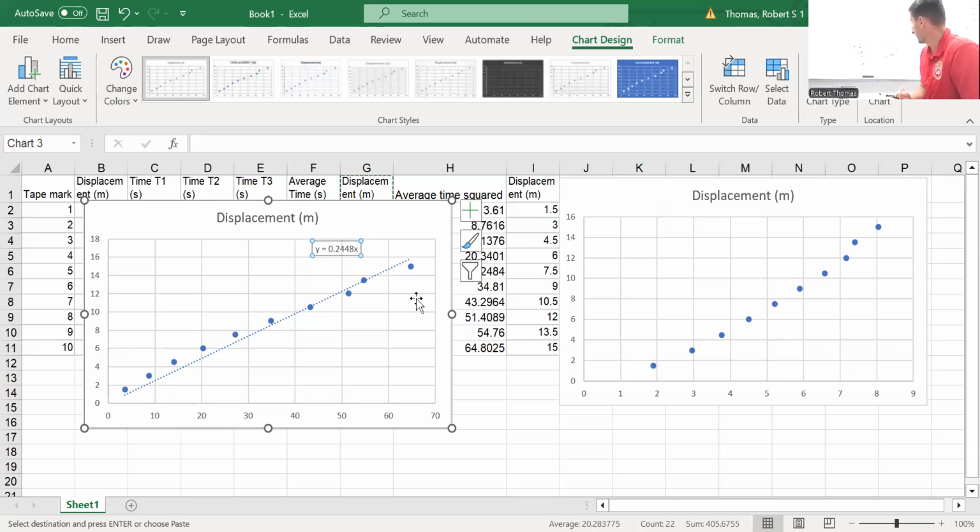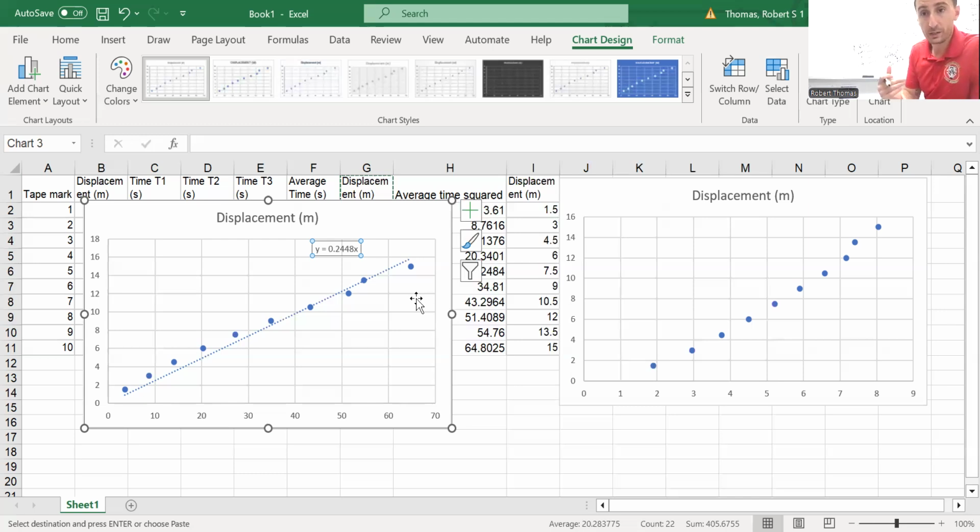Well, let me ask you this. What is on the y-axis of our graph? Y-axis is displacement, right? So isn't this y equals, and what's on the x-axis? Well, it's time squared. So this is my x-axis. So that means the slope has to be equal to 1/2 a.